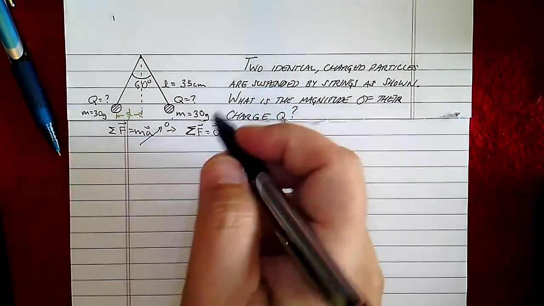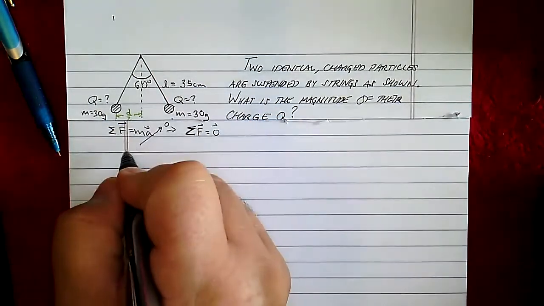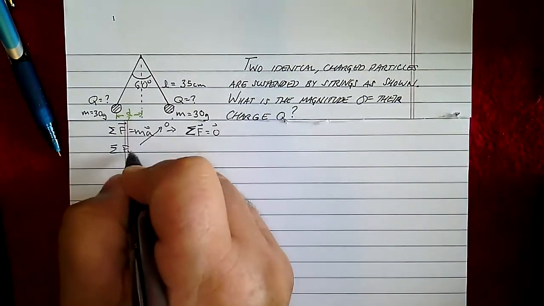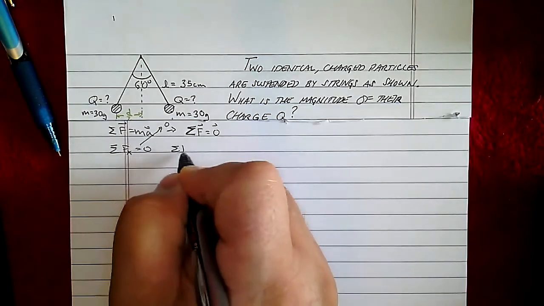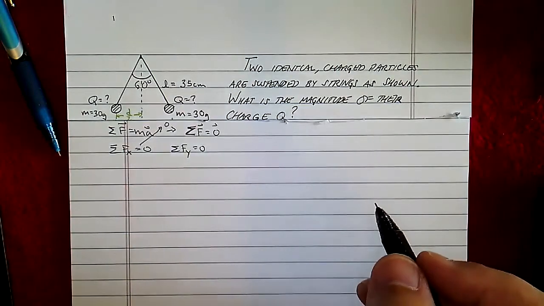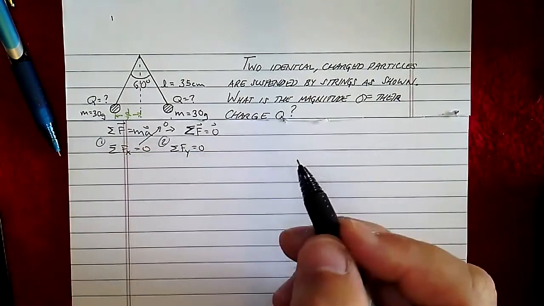In this case, we're just dealing with two dimensions. So there'll be a summation of forces in the x direction equals zero, and there'll be a summation of forces in the y direction equals zero. So that's one equation we'll use, and that's another equation we'll use.